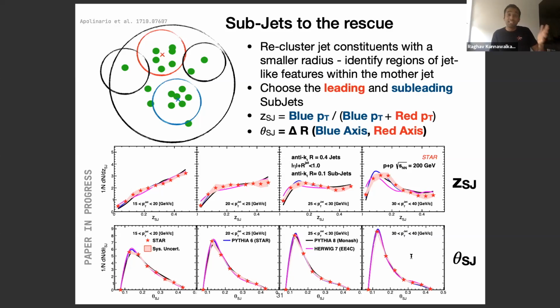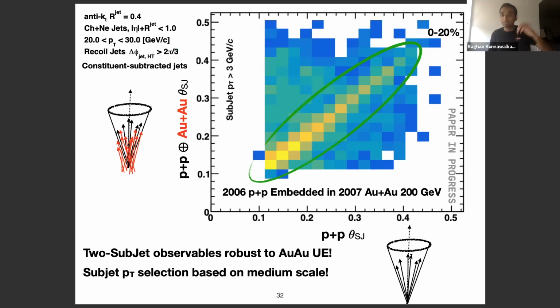So now the question is, is this also sensitive to the underlying event? You do the same correlation study, and you see that, hey, this is actually quite robust. But in order to get it robust, I show there a 3 GeV cut on the subjet PT. But this is fine, because this is now a cut on the medium scale.